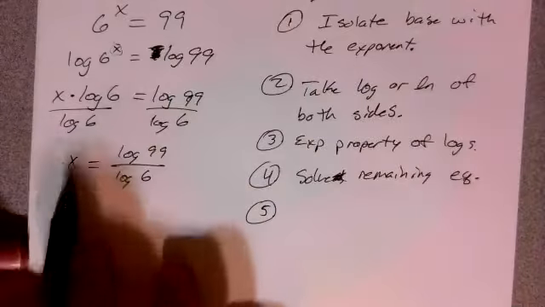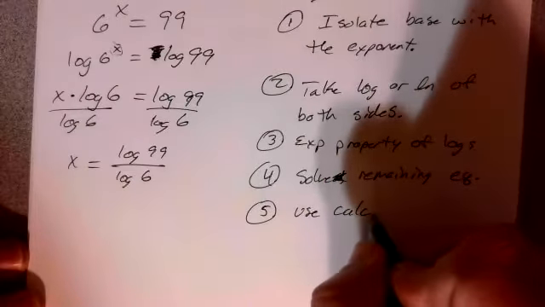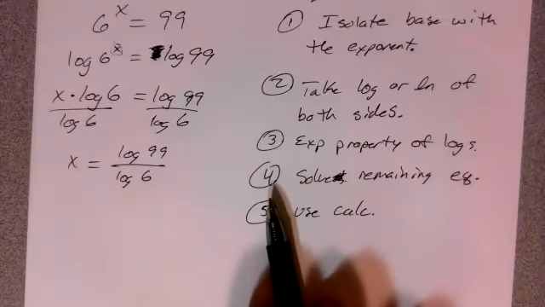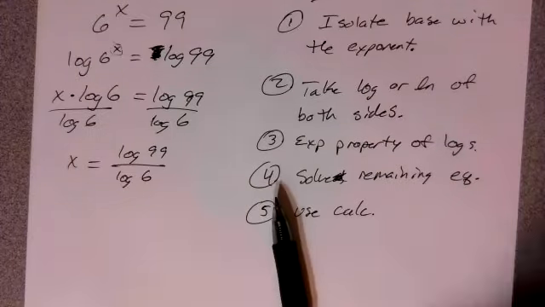I'm going to go ahead and write this part out. Once I get x by itself, I'm going to use the calculator. For most of you, you can use Desmos. You can hop on Desmos and write log of 99 divided by log of 6, and it's going to kick back the right answer.